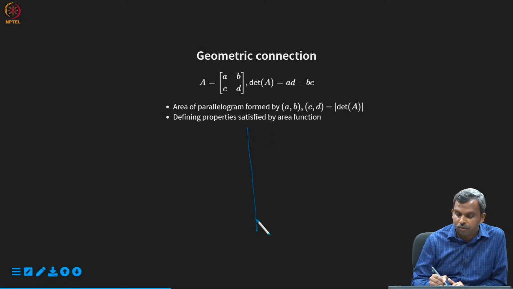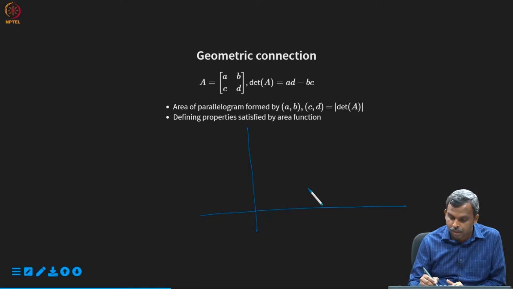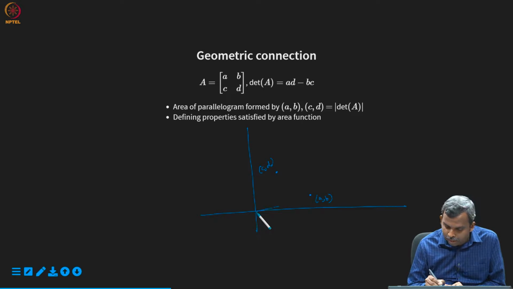So if you have A comma B somewhere here, and then you have C comma D here, the parallelogram defined by AB and CD would look something like this.